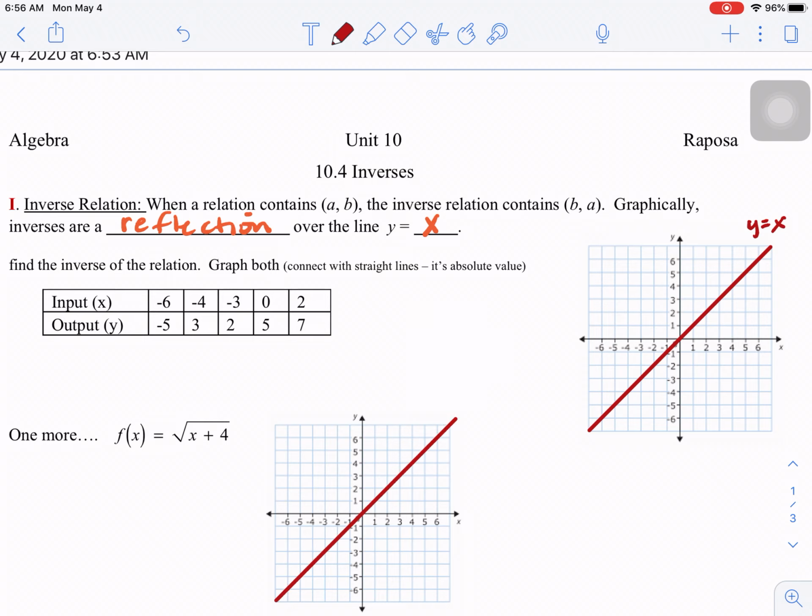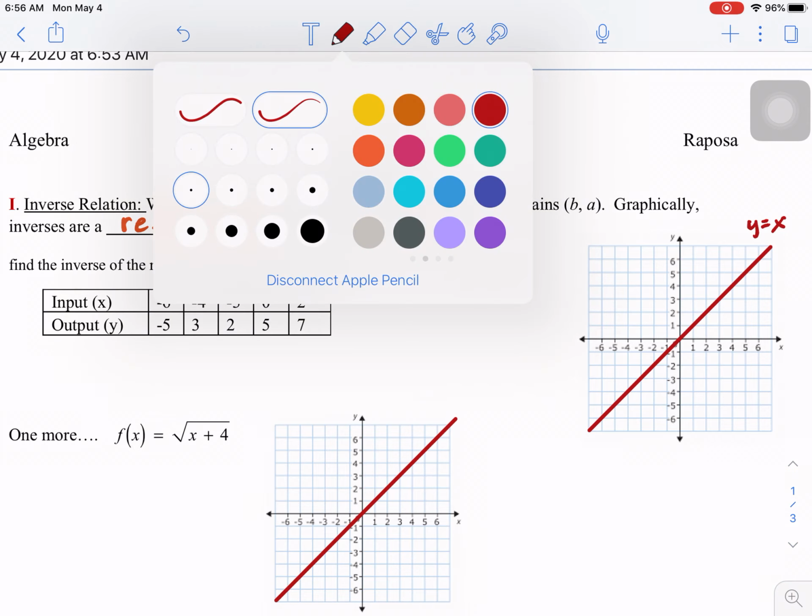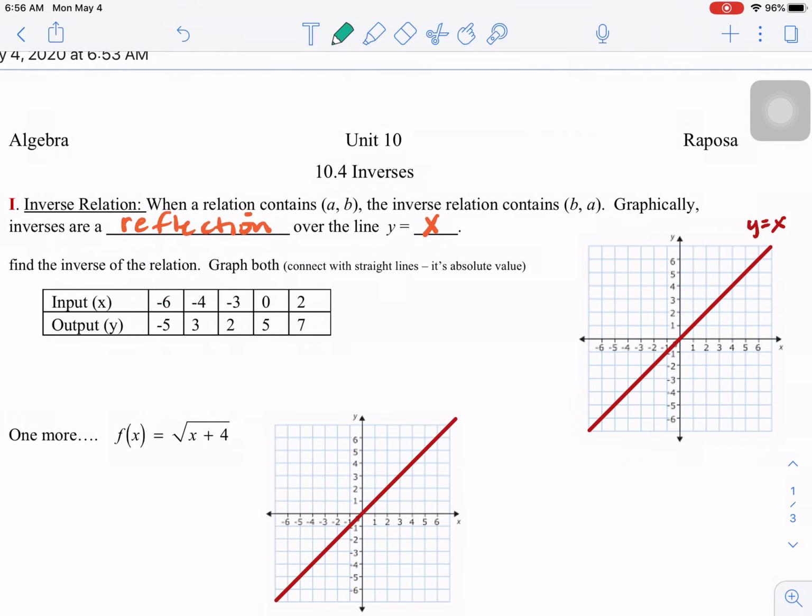Okay. So now you can make your lines thinner. What we're going to do is graph this original in one color, and then graph its mirror image in another. So I'm going to go to -6 and then up 5. That is supposed to be up 5. I'm going to have you fix that.